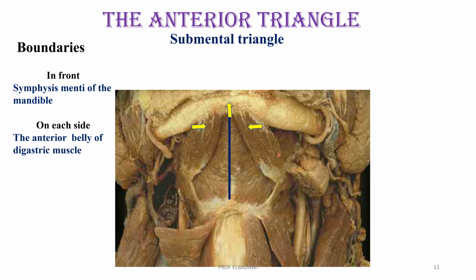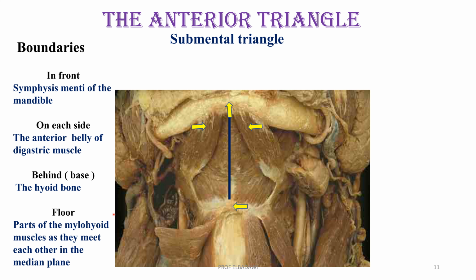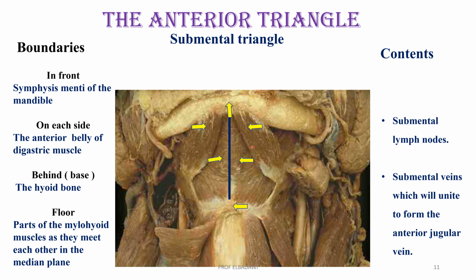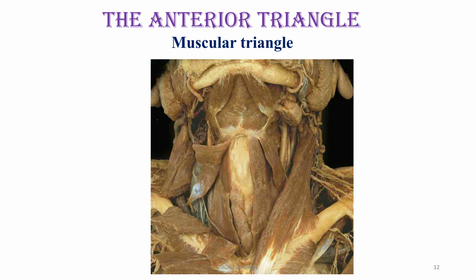Behind, the base will be formed by the body of the hyoid bone, while the floor is formed by the two mylohyoid muscles, which unite in the middle line by the mylohyoid raphe. Those are the boundaries of that triangle. The contents are simply submental lymph nodes over here between the two anterior bellies of the digastric, and submental veins, which will unite to form the anterior jugular vein.